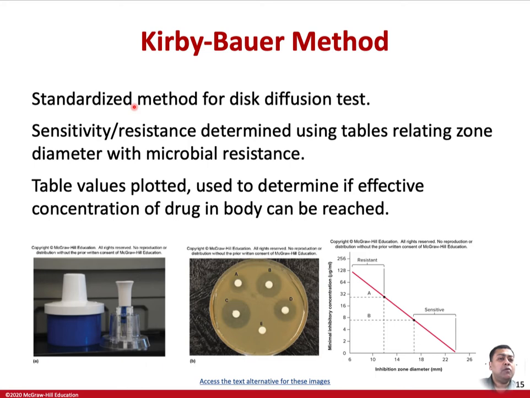So what we do here is the sensitivity or the resistance is determined using tables relating to the zone diameter of microbial resistance. Let's first take a look at how we actually do this. First we take a Petri plate and we put a microbe of our interest, which could be any kind. Say for gram-positive, it could be Staphylococcus aureus.